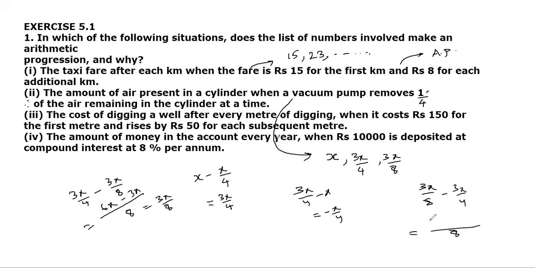So LCM is 8, so 3x minus 6x over 8, which is minus 3x/8. See the difference. Here the difference is minus x/4, here the difference is minus 3x/8. Therefore, it is not an AP.